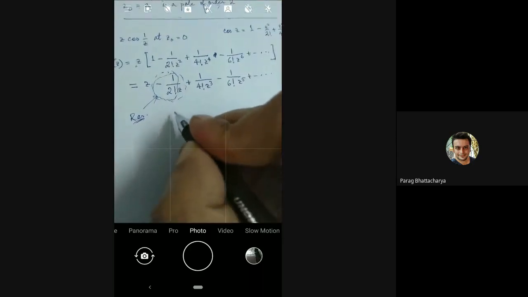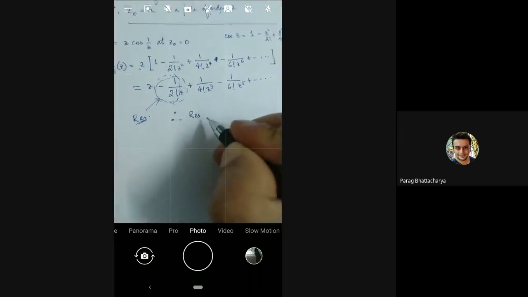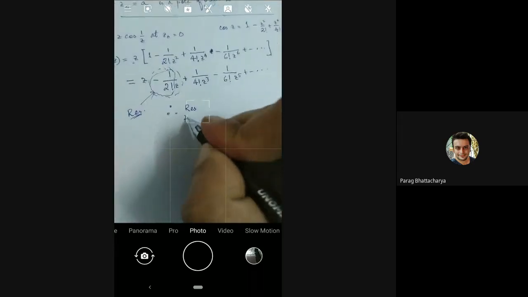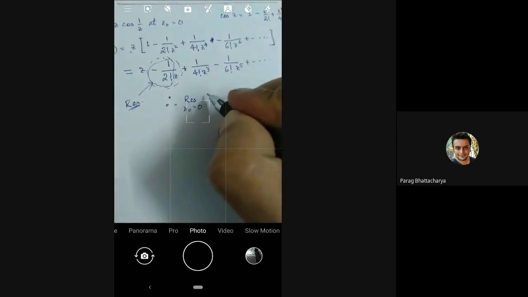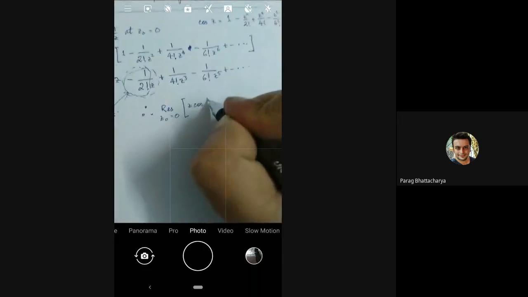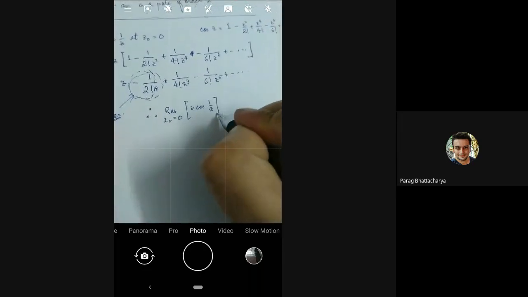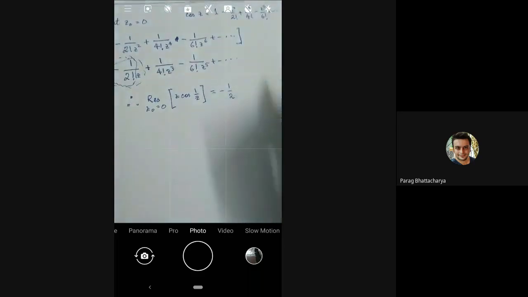Understood? So therefore, we write it like this: the residue at z naught equal to 0 of the function, which is z cos 1 by z, is equal to minus 1 by 2 factorial, which is minus 1 by 2, minus half.